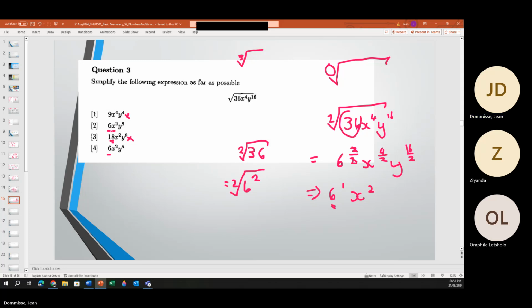So, okay, x to the power of 2, x to the power of 2, both of them still right. And then y 16 divided by 2 gives us 8. Okay, y8, so that's right. Let's just see. Okay, and the other one was y to the power of 4, so that one then is incorrect.